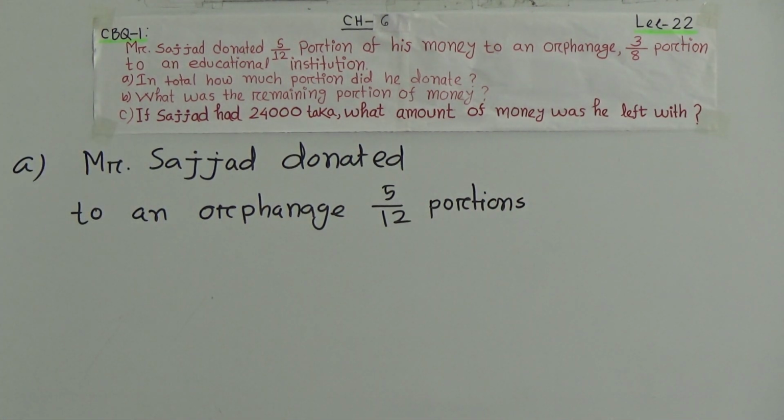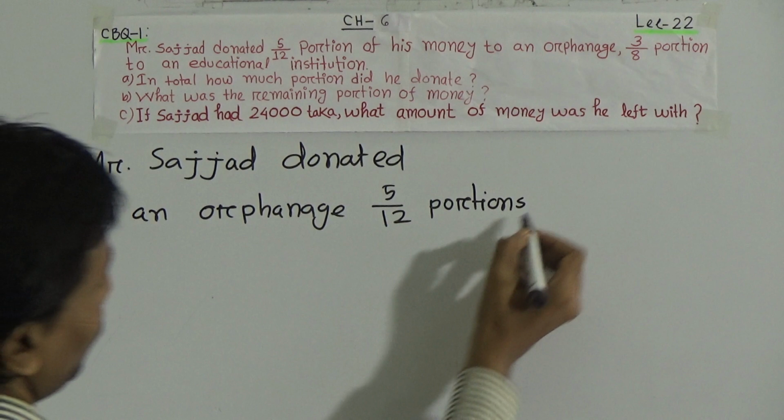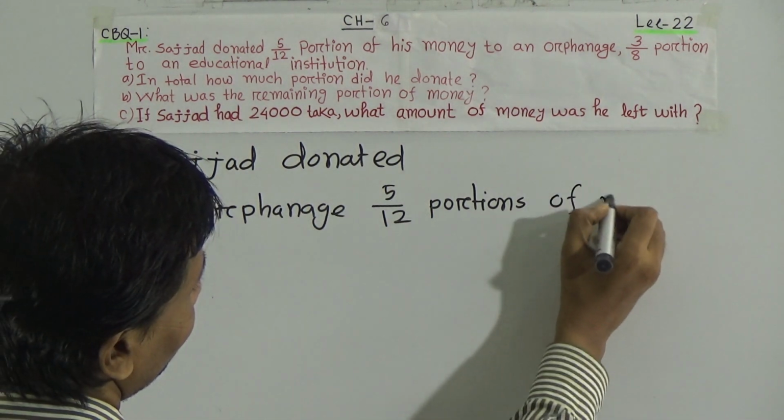To an orphanage, 5/12 portions of money.